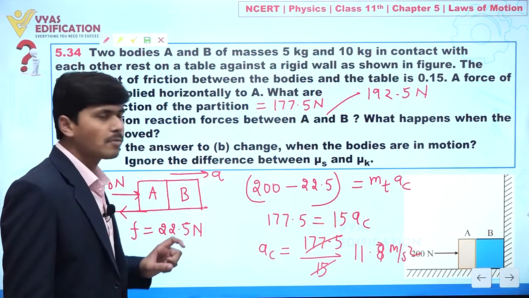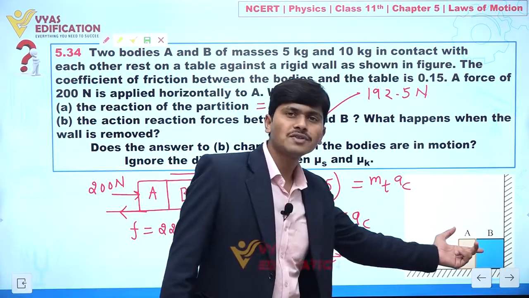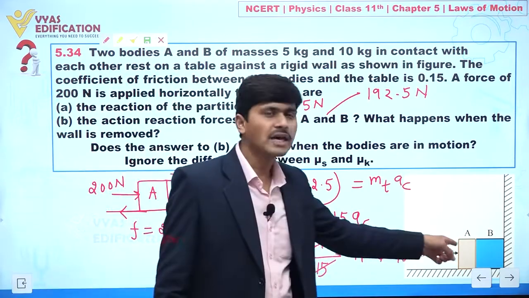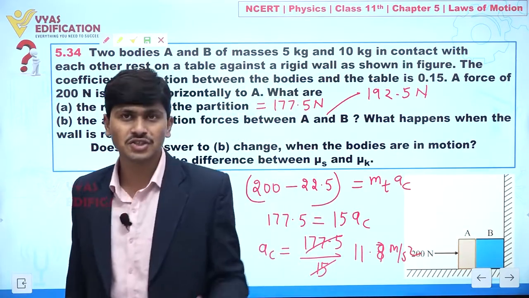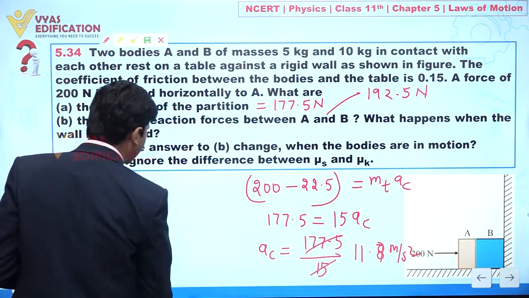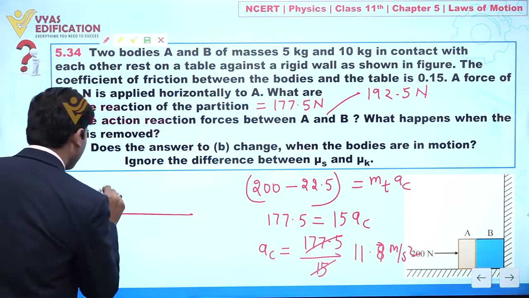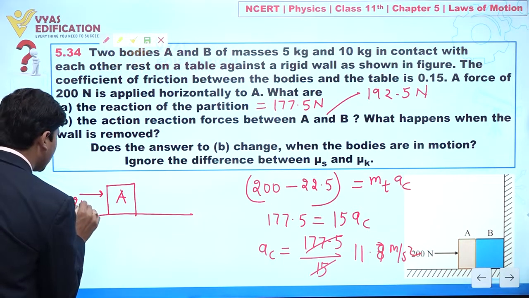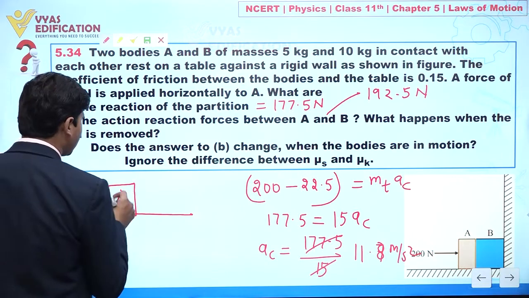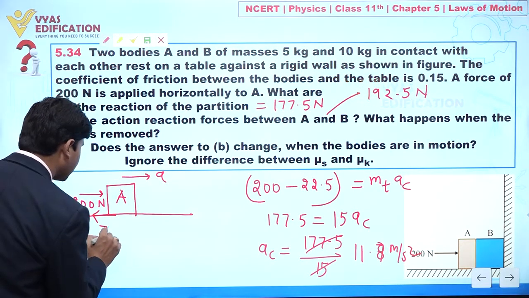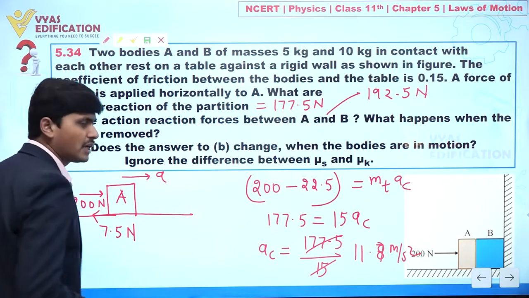Now what is the normal force, or the action reaction force, acting between block A and B when both are in motion? I can draw the free body diagram of any block. Let's suppose I am drawing for block number A. This is 200 Newton, acceleration is A, and friction force is 7.5 Newton, which we have already calculated.